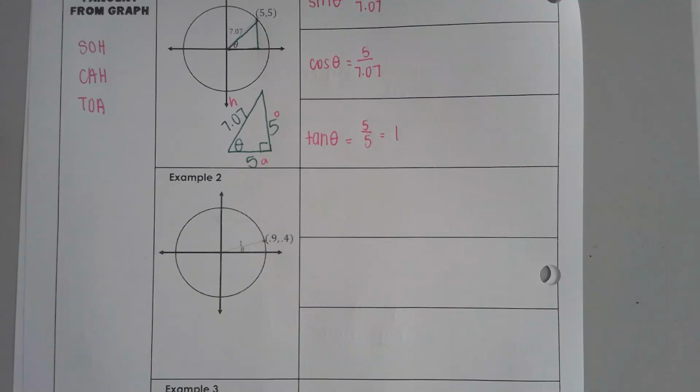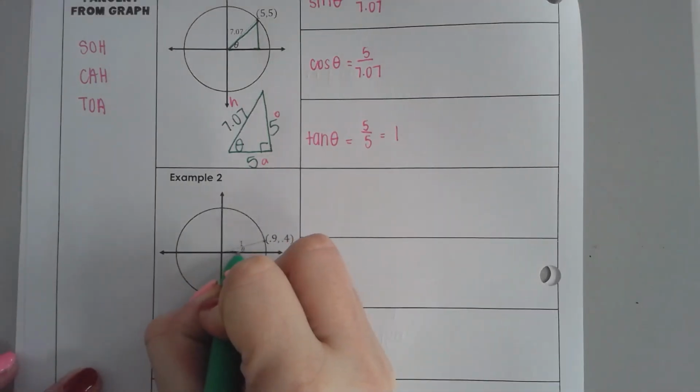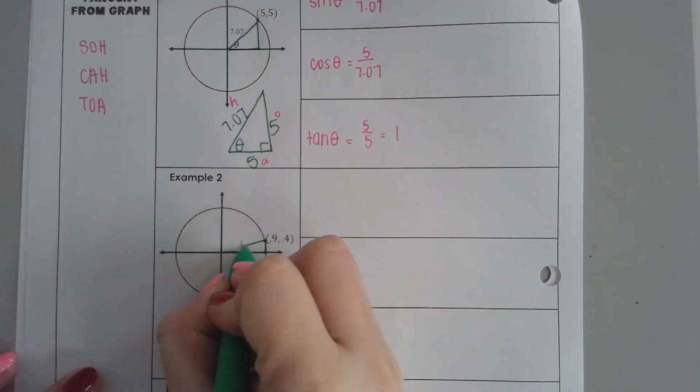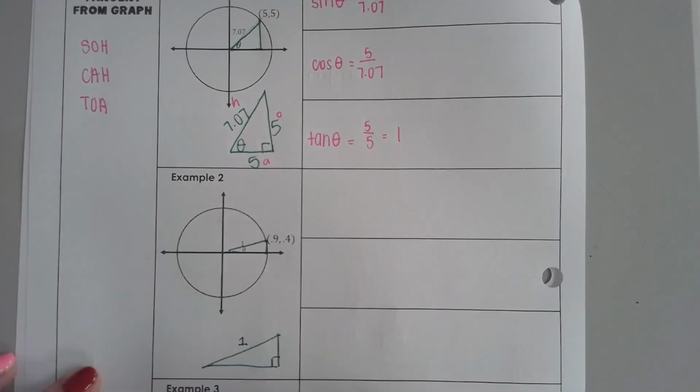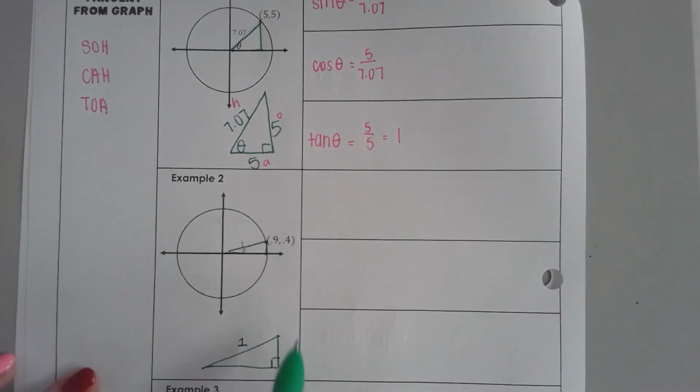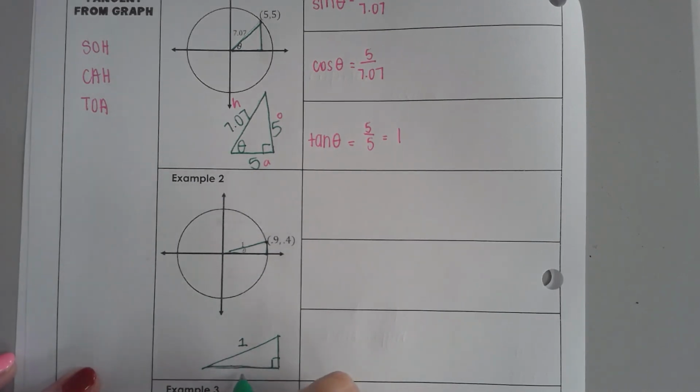So if I create a right triangle, it's going to look like this. This is 1. What's the length of this base right here? 0.9. Yep.